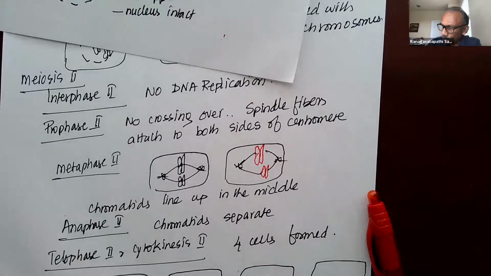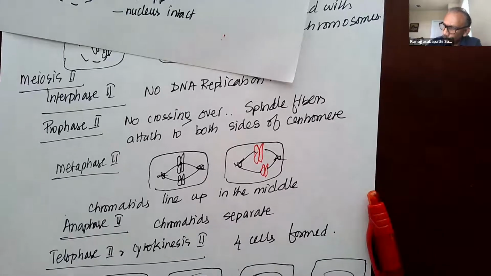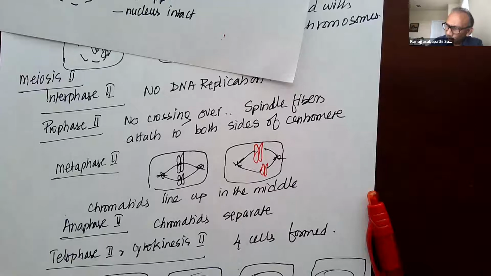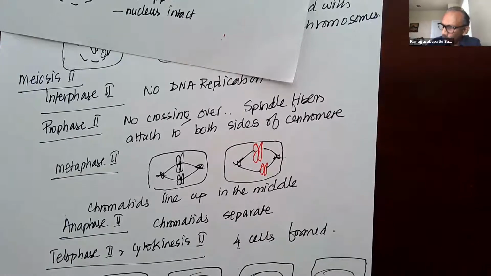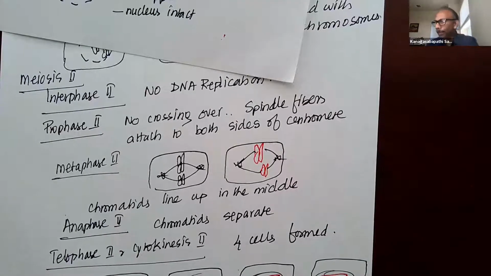So this is what happened in each of these cells. They have this long chromosome and a short chromosome, a long chromosome and a short chromosome. And this one has this long chromosome and a short. Okay.